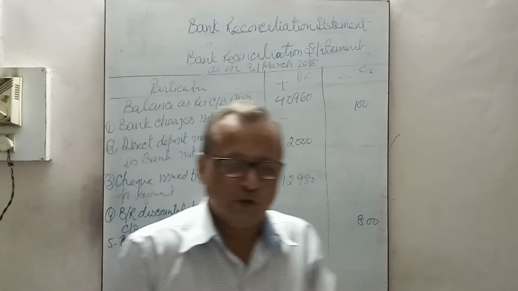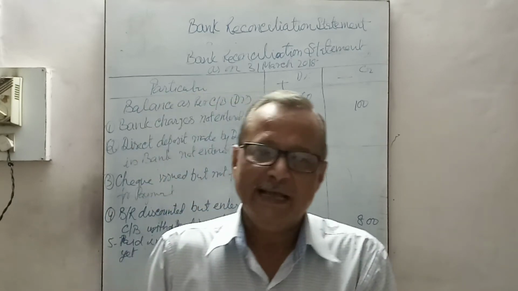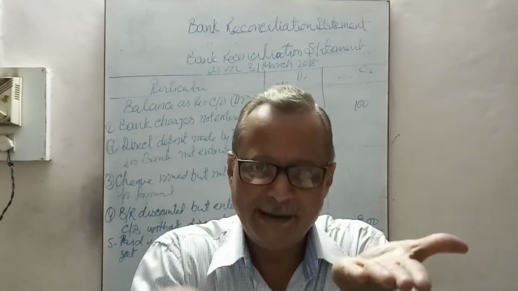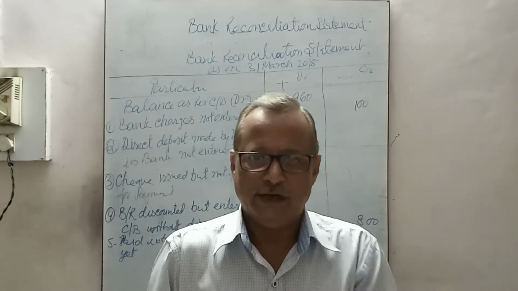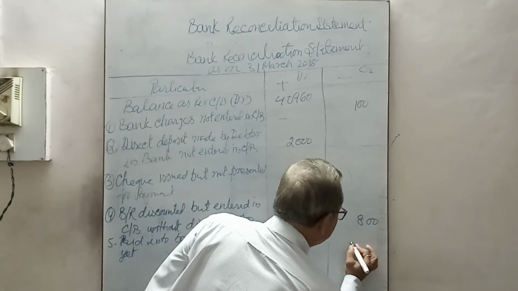It means that was debited in the cash book but not credited in the passbook, so the cash book is showing an increased balance in comparison to the passbook. So that should be reduced. It's a minus item, 3,520.